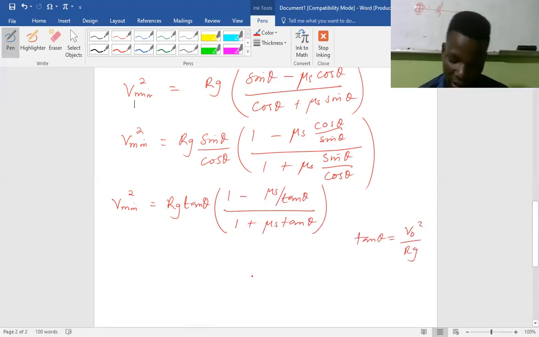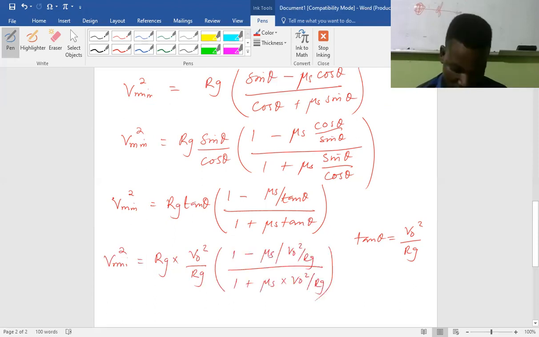So what we're going to have is v min squared is going to be rg times v naught squared over rg, and then here we have 1 minus mu s divided by v naught squared over rg, over 1 plus mu s times v naught squared over rg. So that is what we're going to have.